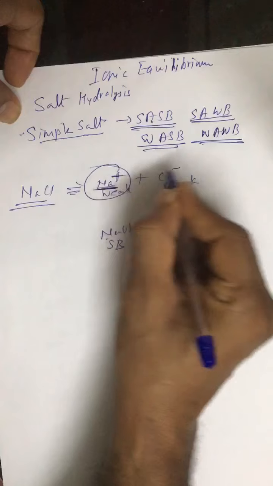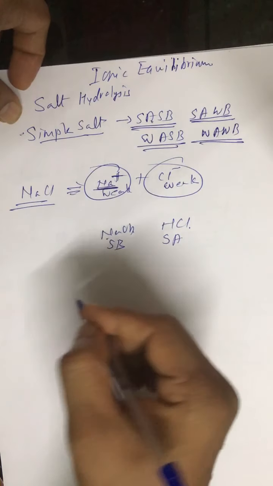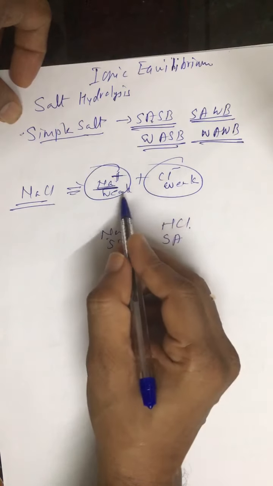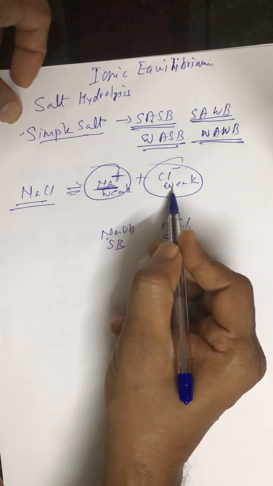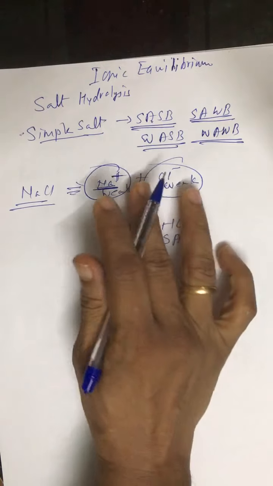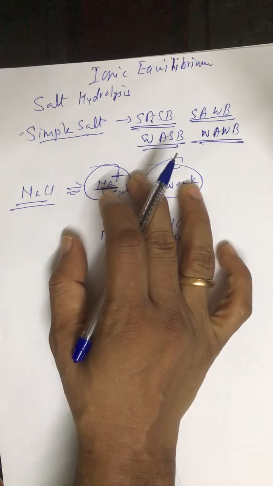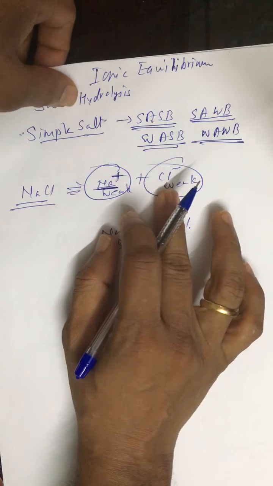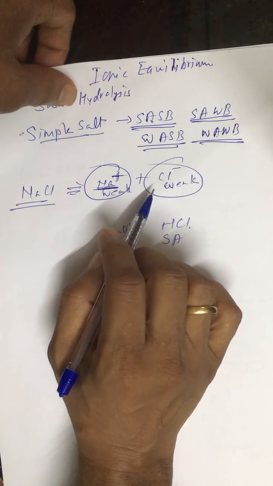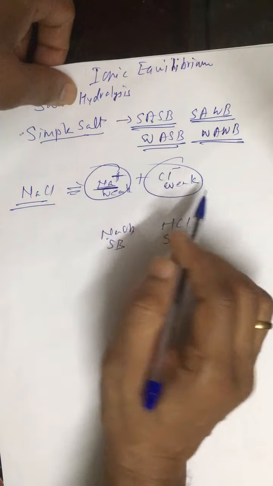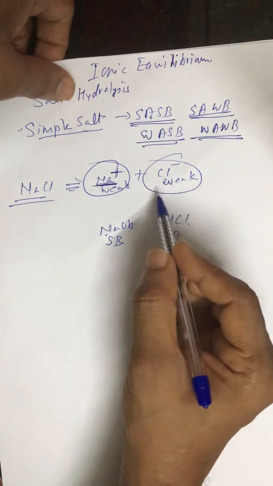Since both are weak conjugate parts, they do not react with water, meaning they are not hydrolyzed. Hydrolysis is a reaction between water molecules and any species. That is called hydrolysis, whereas in hydration, ions are simply surrounded by water molecules.